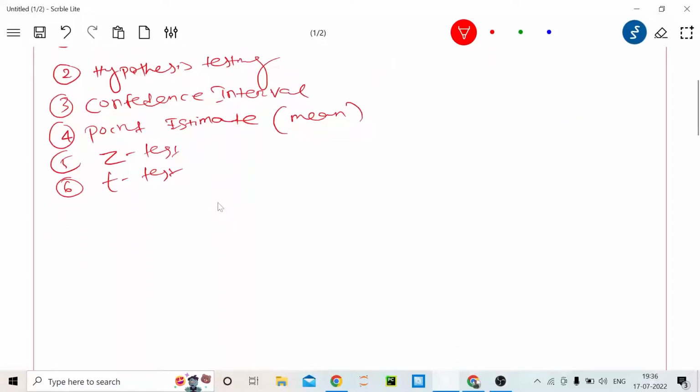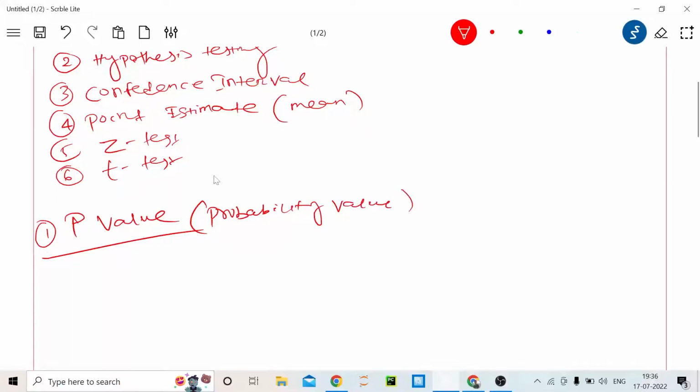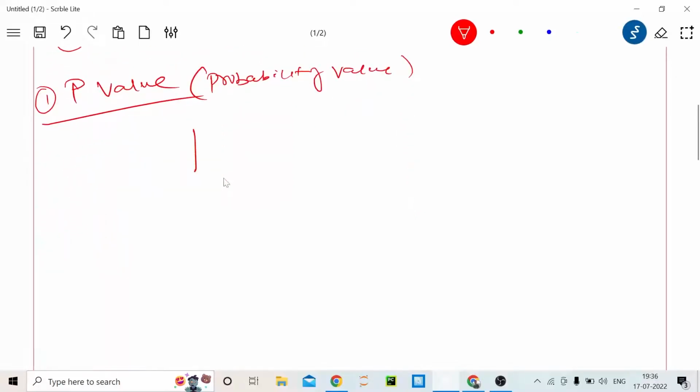The p-value is defined as the probability value. I will give you a very good example. Let's say this is the space bar on your laptop.